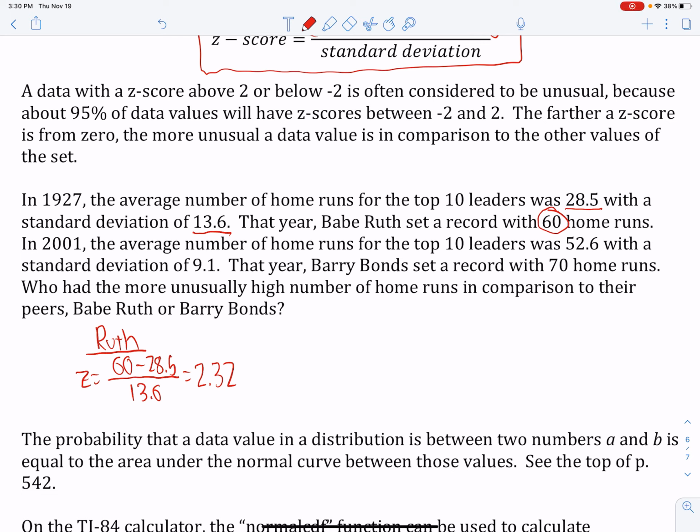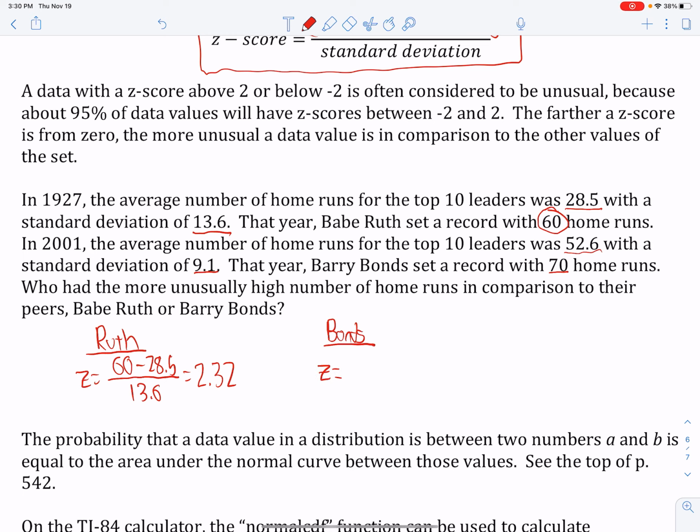Now let's compare that with the current record number of home runs in a season, Barry Bonds in 2001. In that year, the average number of home runs was 52.6 with a standard deviation of 9.1, and Barry Bonds hit a record number of 70 home runs. So let's calculate how unusual that was in comparison to his peers at the time.